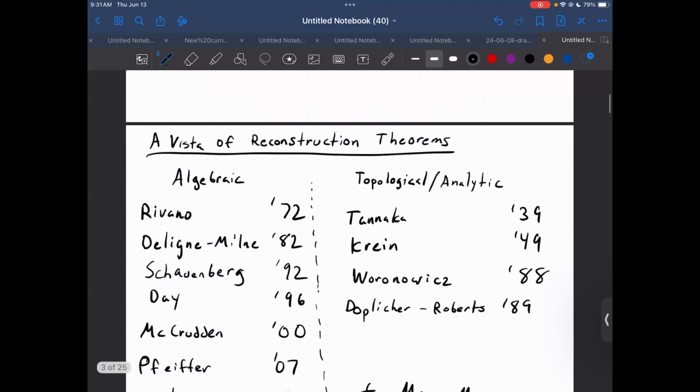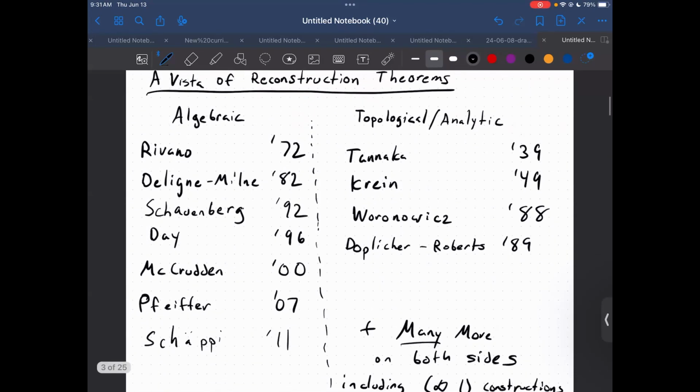Okay, but there's been quite a lot of work in this area. So you have, in 1972, the original algebraic one, which is an algebraization of some reconstruction theorems for compact groups or their category of manifolds.